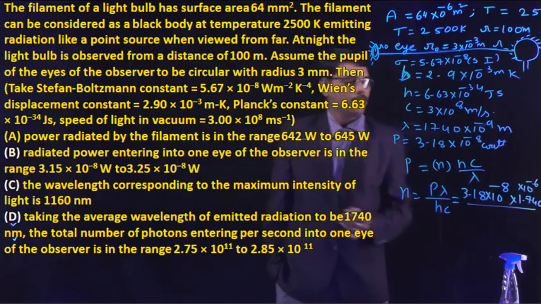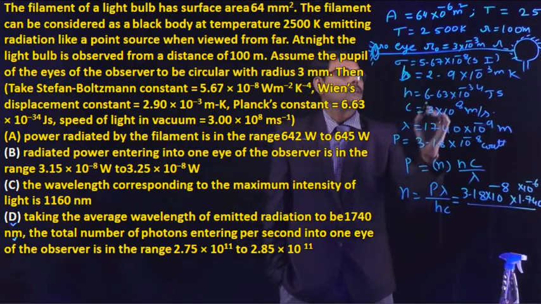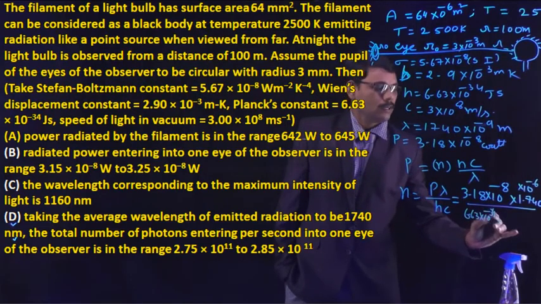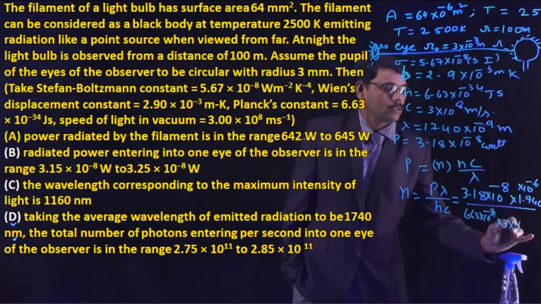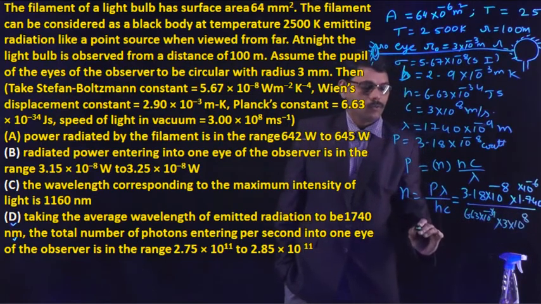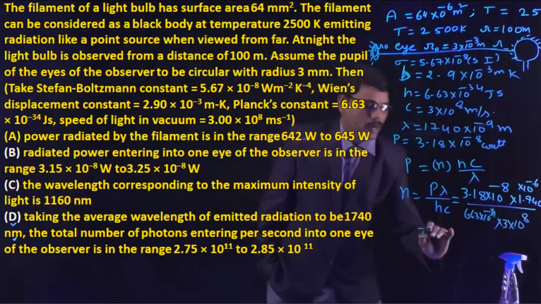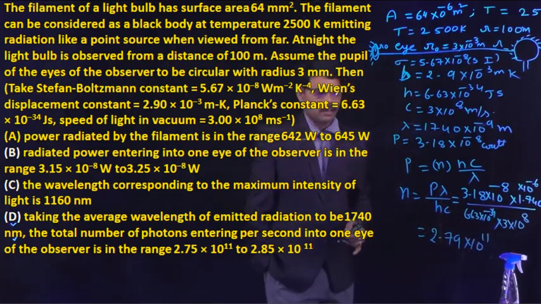This is divided by hc, where h is 6.63 into 10 power minus 34 and c is 3 into 10 power 8. By simplifying, we get the number of photons as 2.79 into 10 power 11.